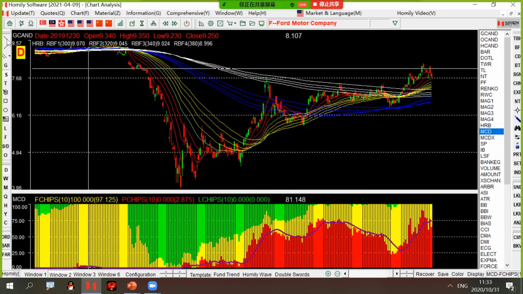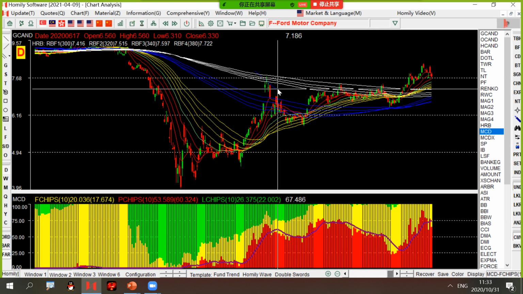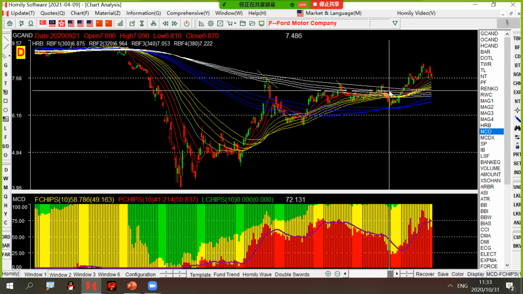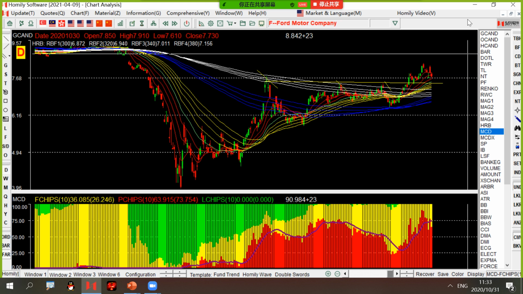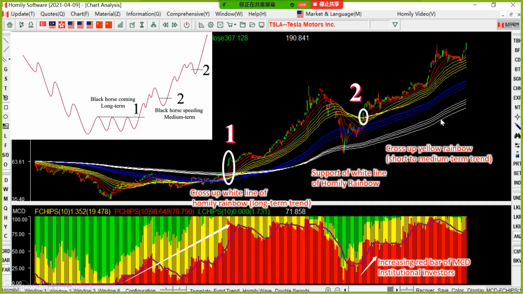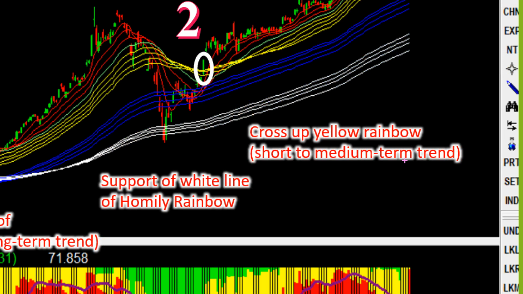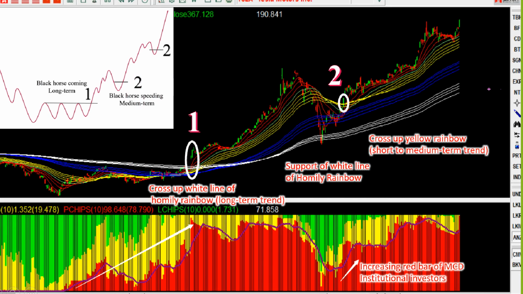Then the price already touched the rainbow once, twice, three times, and became a long-term reversal pattern. But some very strong shares will never give us the black horse coming. Maybe they only give us the black horse speeding up. That means it retraces and drops deep enough, crossing down the yellow rainbow first.